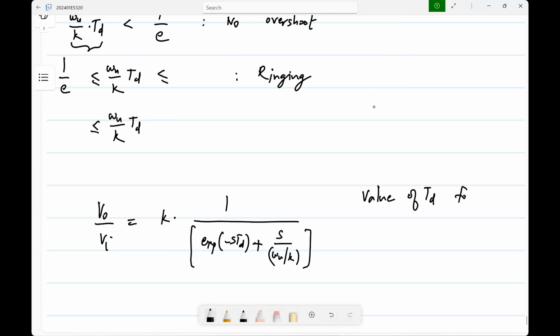the value of Td for which this denominator of s equals 0 for some s equals j omega naught. It doesn't matter what that omega naught is.